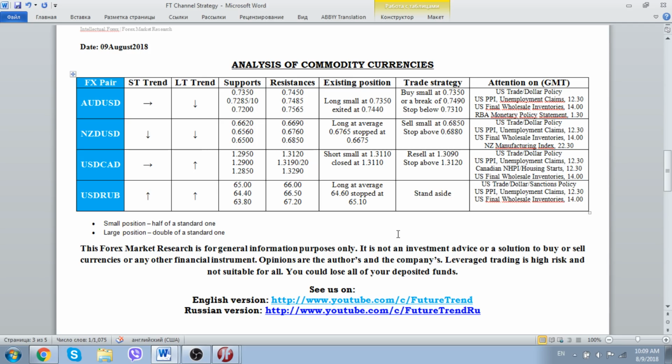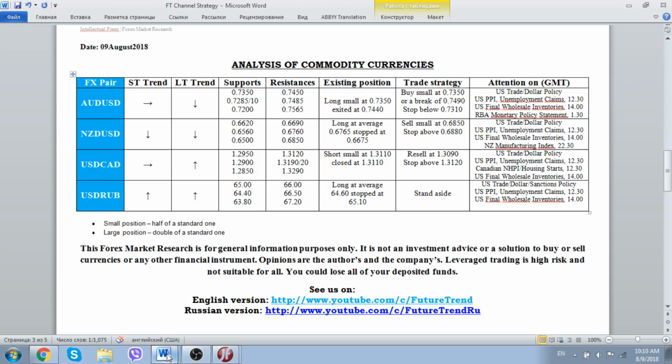Here you can see that we were stopped out from our long recommendation in the New Zealand dollar. That's because during this night the Reserve Bank of New Zealand decided to conduct its ultra-easy monetary policy with very low interest rates even till the end of 2020. And from this point of view, the New Zealand dollar received a portion of additional negativity.